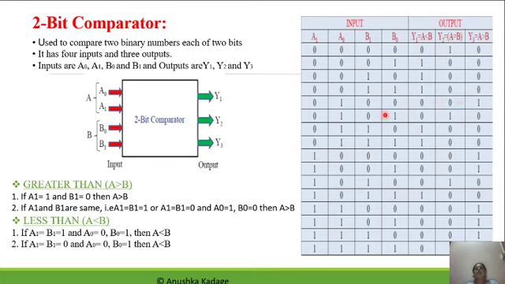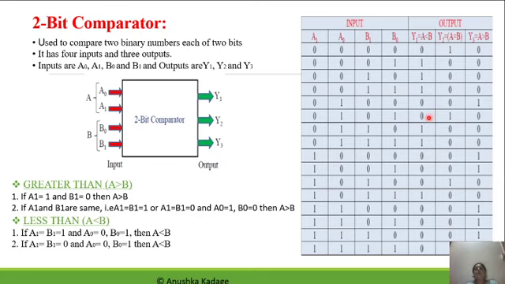Now in the case of the input combination 0 1 0 1, we observe A0 equal to B0 and A1 equal to B1. So in that situation the output corresponding to A equal to B will be 1.